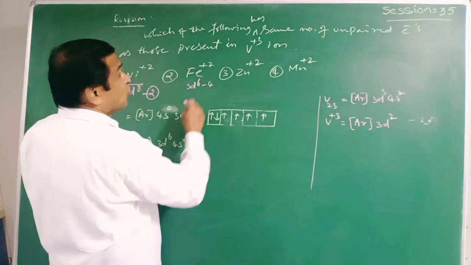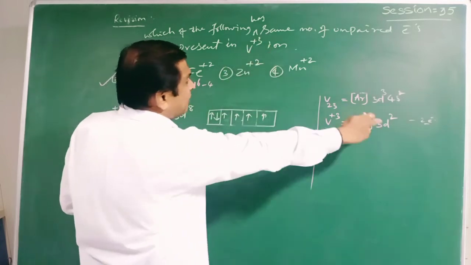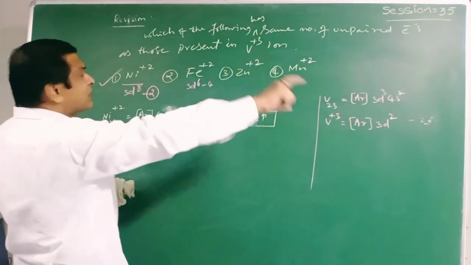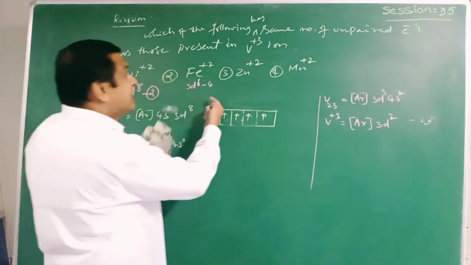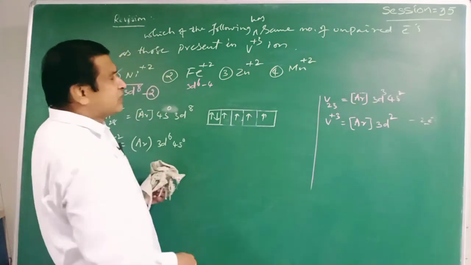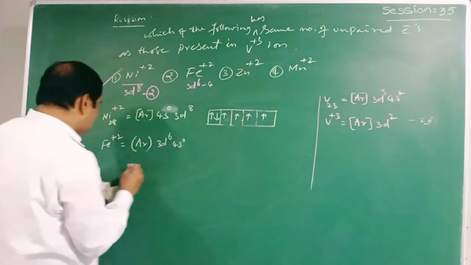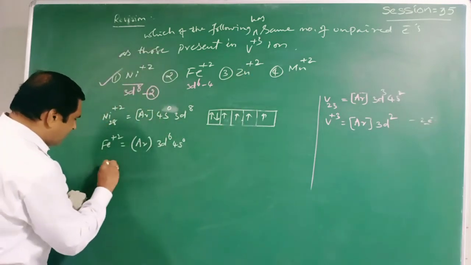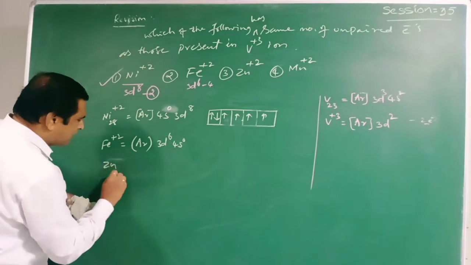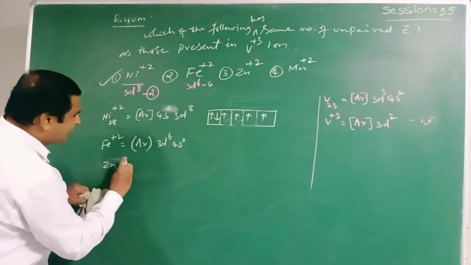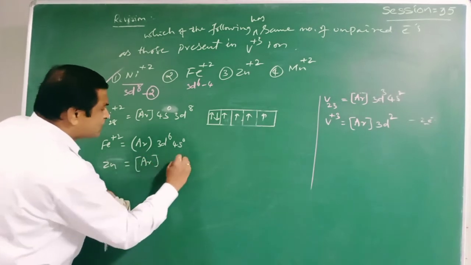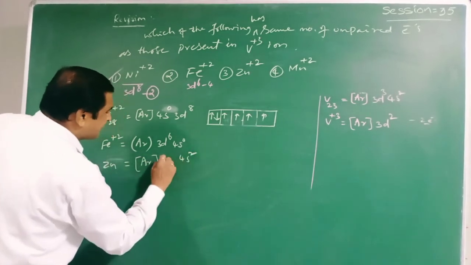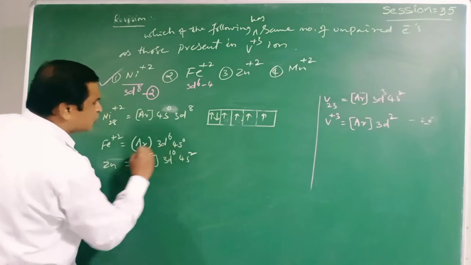So vanadium plus 3 has 2 unpaired electrons. Which option contains the same 2 unpaired electrons? That is the first option, which we have already done; we are counter-checking the other options. Zinc atomic number is 30, so the configuration is argon 4s2 3d10.